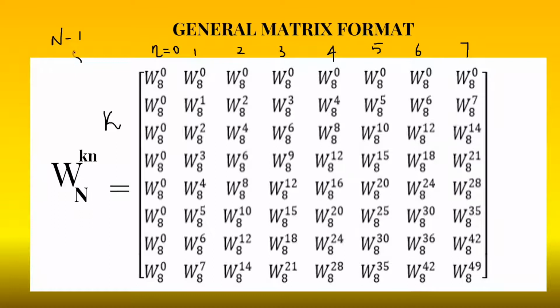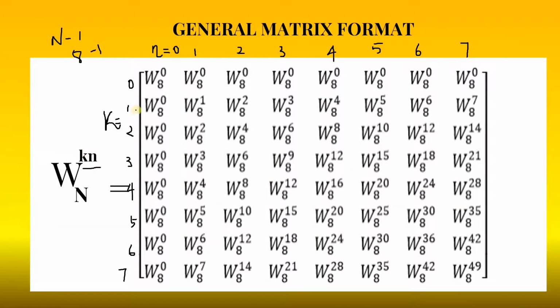So the n value is 8, and 8 minus 1 will be 7, so up to 7. The same way, k is equal to 0, 1, 2, 3, 4, 5, 6 and 7.